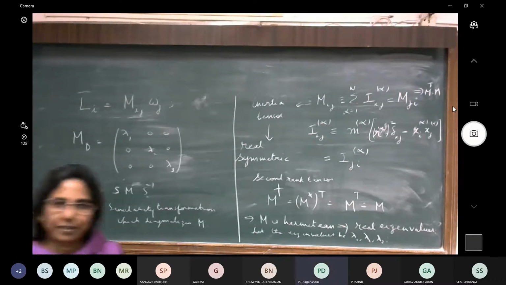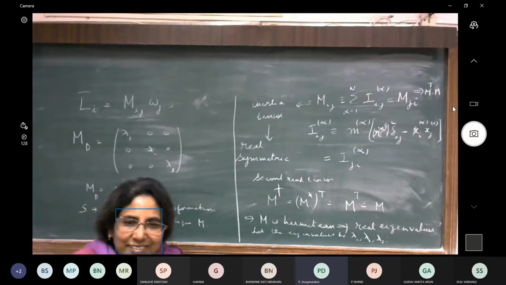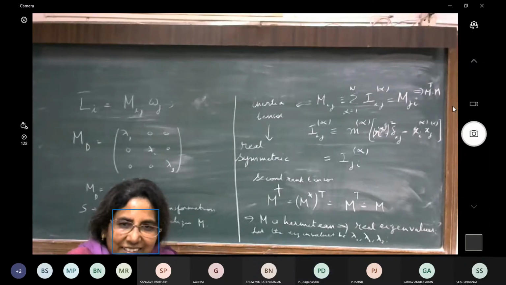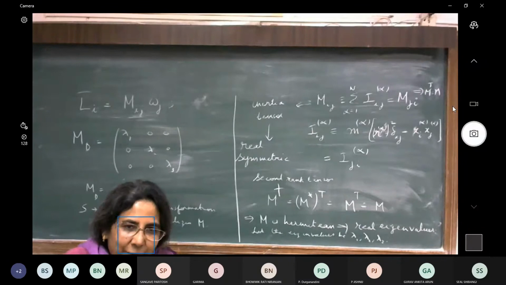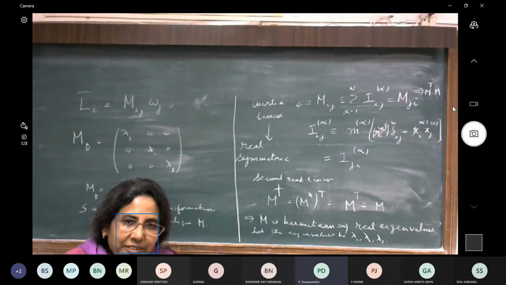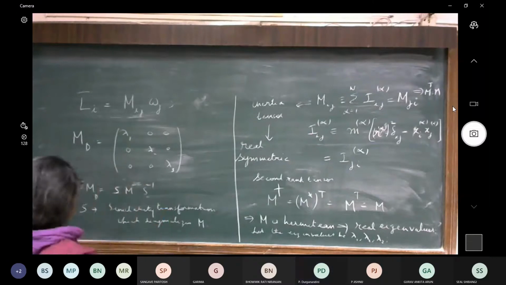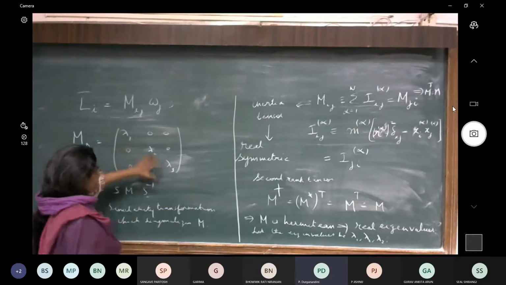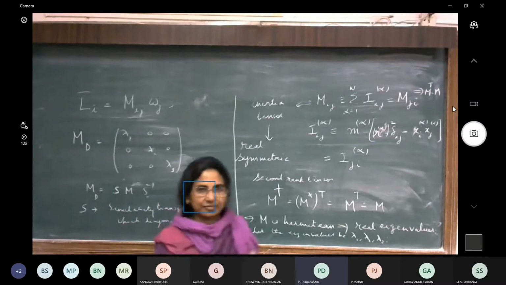Nobody? Somebody please tell something. Okay, how would you find the eigenvalues? I mean, how would you diagonalize a matrix? Okay, let's forget about the transformation matrix. How would you diagonalize the matrix?